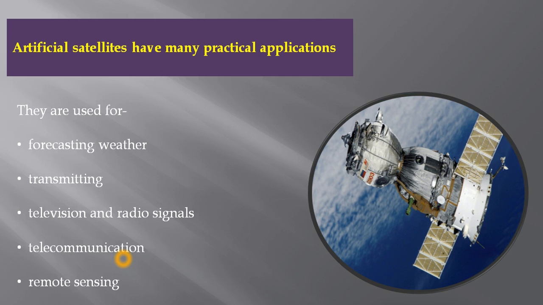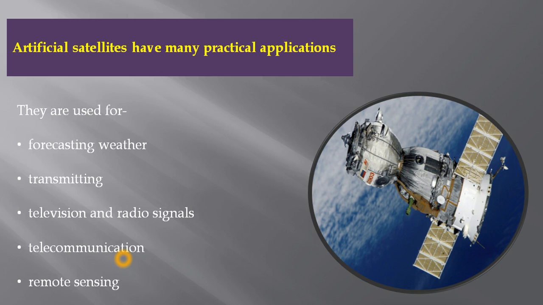Remote sensing is a technique of collecting information about an object from a distance, without making any physical contact with the object. Remote sensing satellites can scan the Earth's surface very closely with their cameras and infrared sensors, even while orbiting high above the Earth. They can see details on the Earth down to a fraction of a meter.